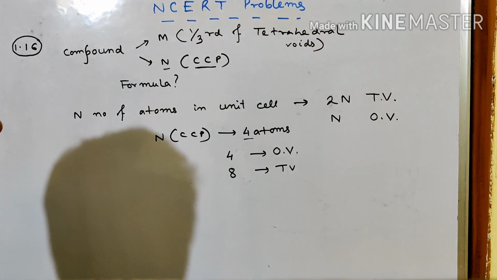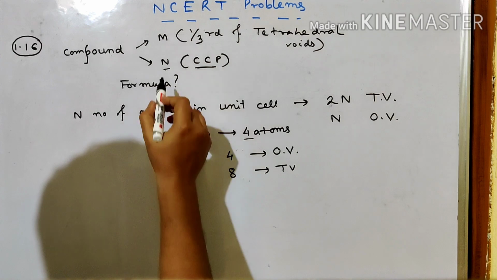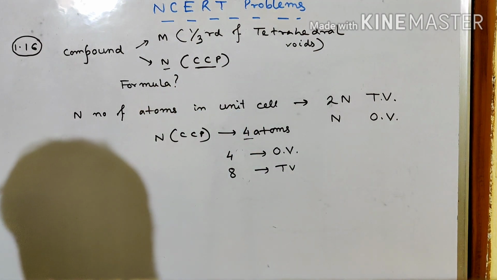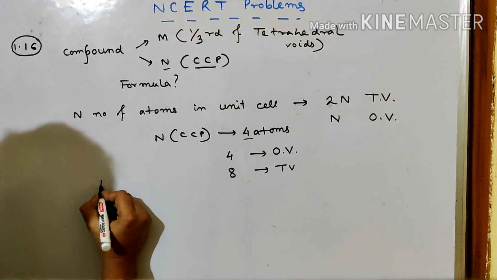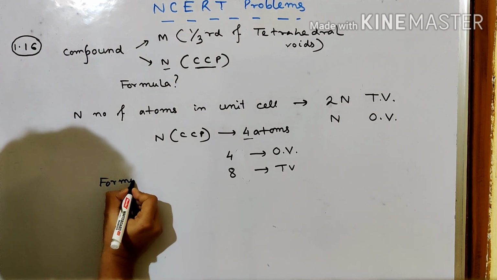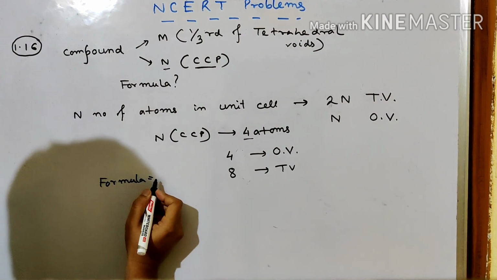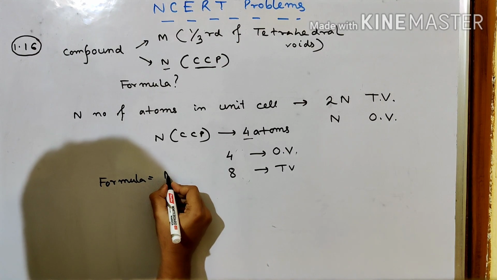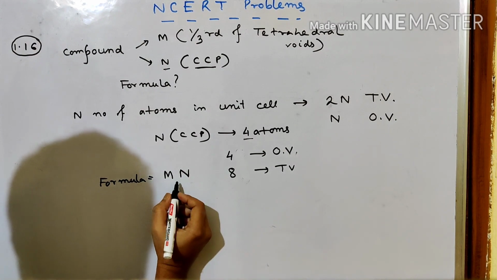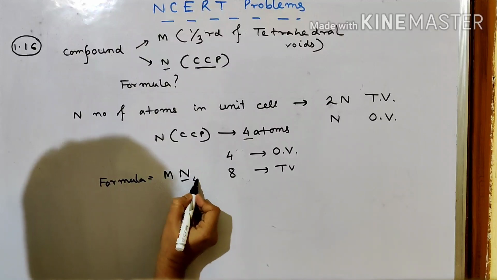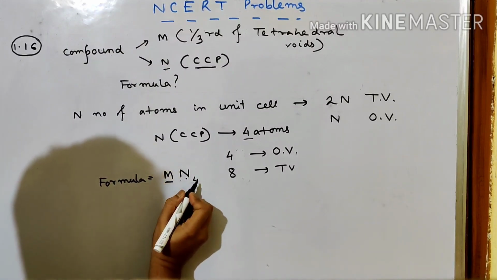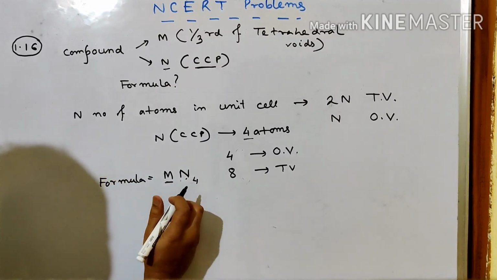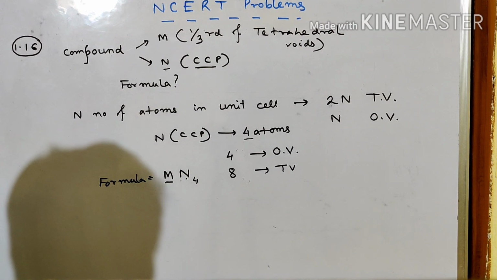Since we know the number of tetrahedral voids and N is in CCP, for the formula of M and N, how many N are there? 4, because according to the question N forms CCP.